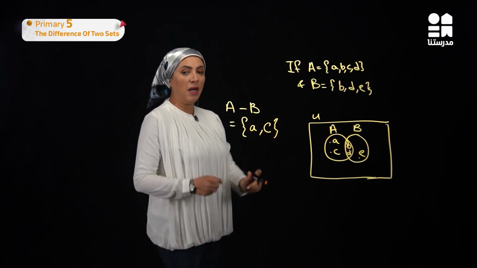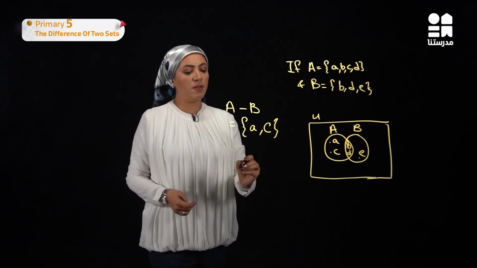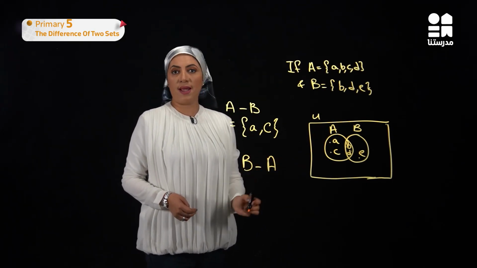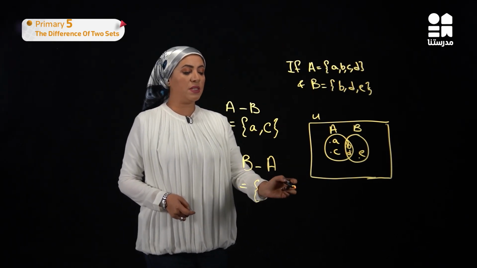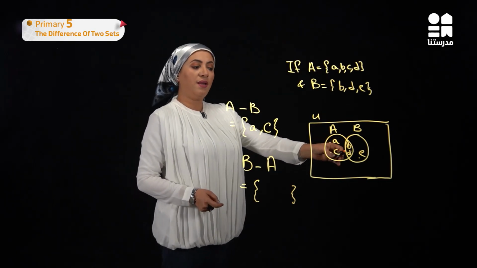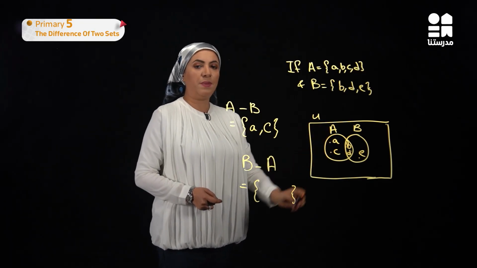Okay, now let's move to the opposite one. If I want set B difference set A, then I will take all the elements in the set B which are not in the set A حتى ال common elements between both of them.